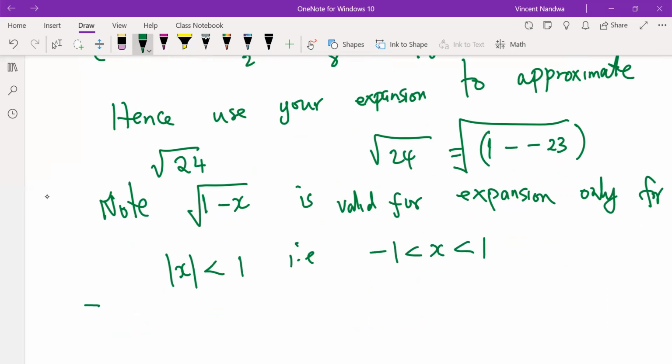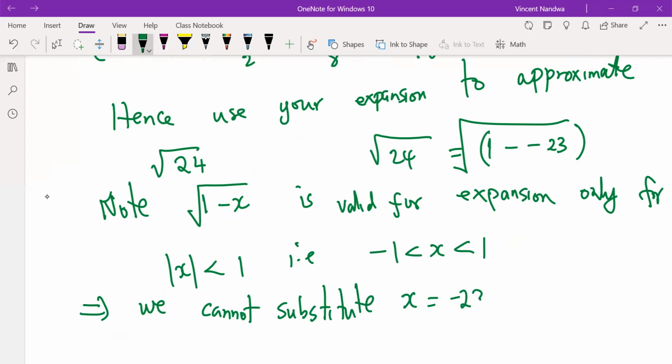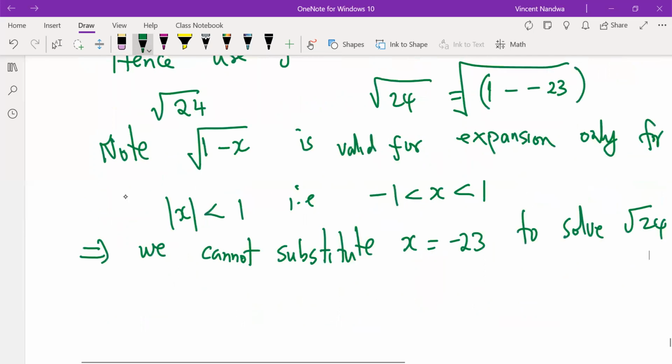So which means we cannot substitute x to be minus 23 to solve root 24, as we used to do in the case of positive integer index.